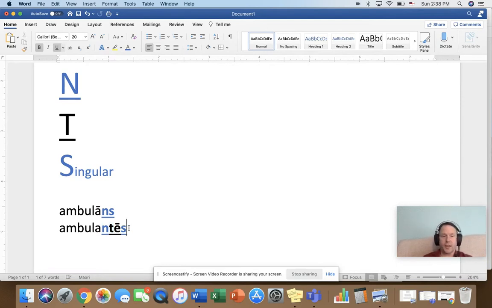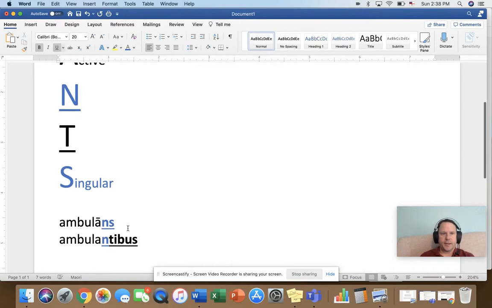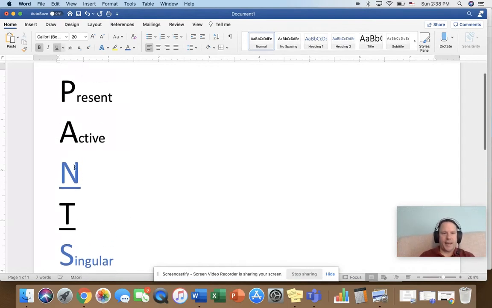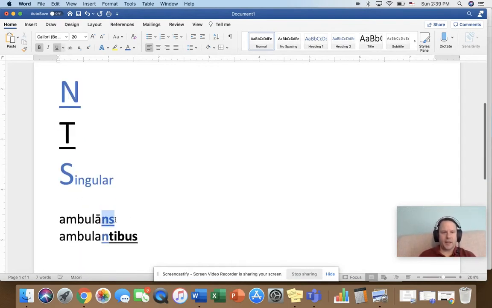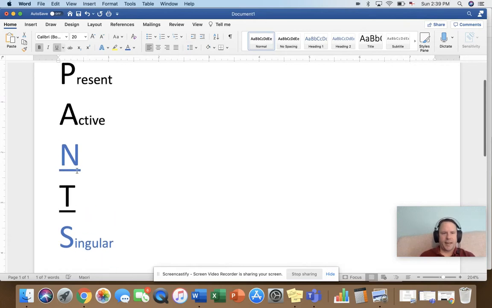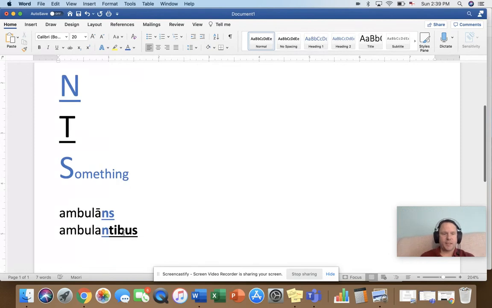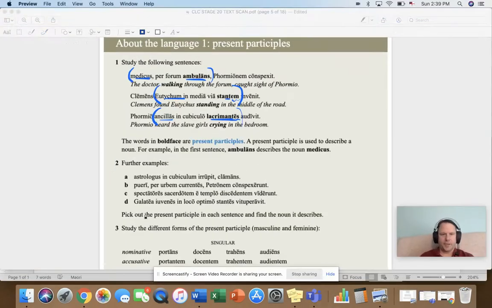Or we could do ambulantem, or we could do ambulantibus, or whatever noun ending we need. But if it's got NS at the end, we know that's nominative singular. If it's got NT plus something, then it's some other case, okay? Just like ambulantibus or ambulantem or ambulantes, whatever that is.